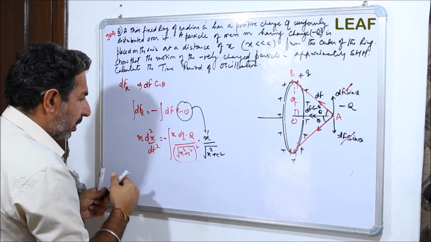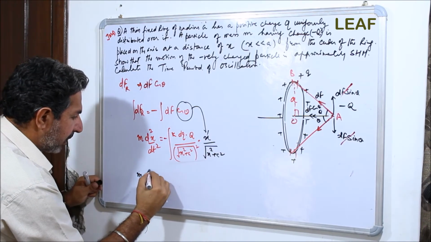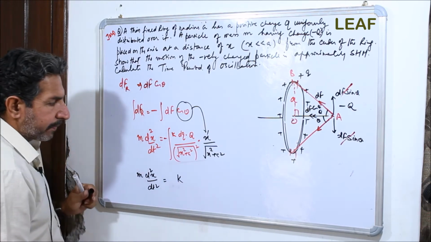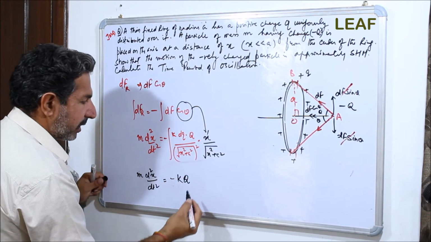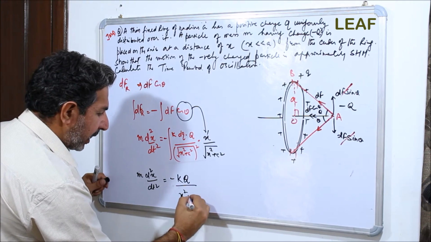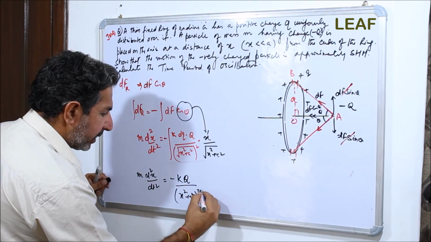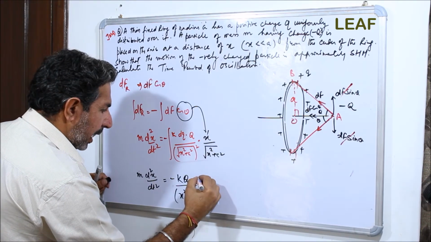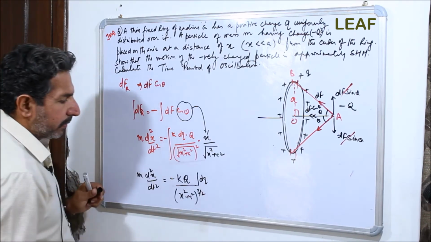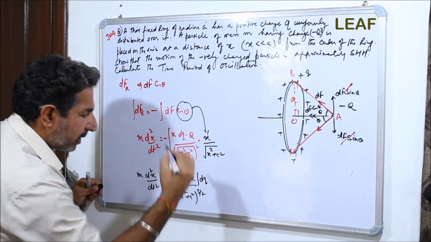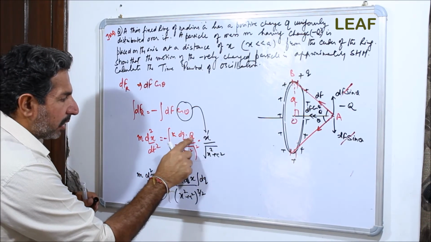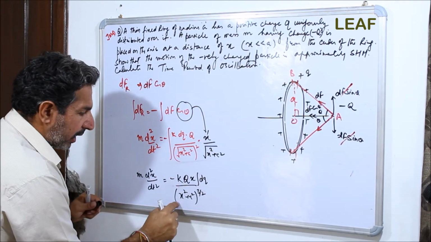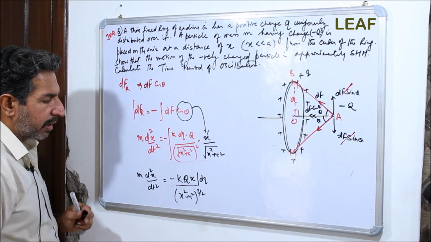So m d2x by dt2 is equal to kq upon (x square plus a square) raised to power 3 by 2, and integral dq x on this side, so it is kqx integral dq over (x square plus a square) raised to power 3 by 2.